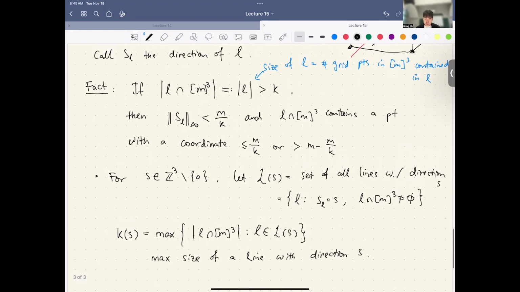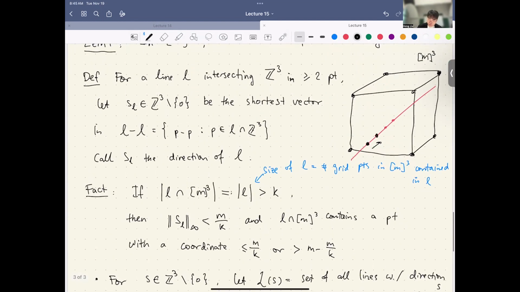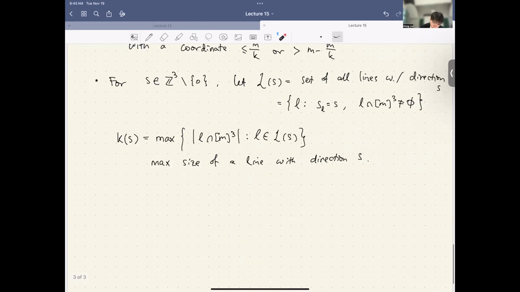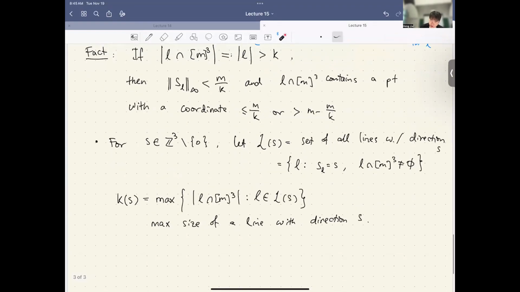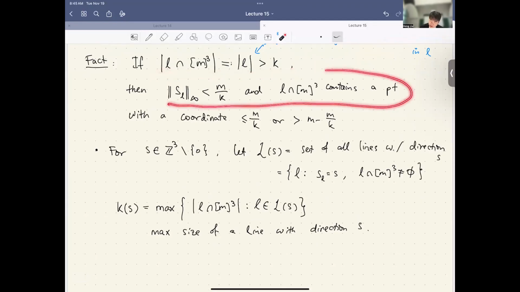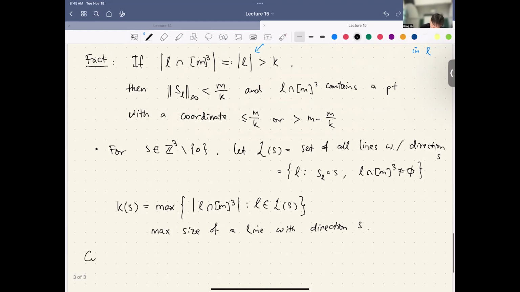With this preparation, we can first try to prove this. So first of all, let's observe a corollary of this fact that we have above. If a line is heavy, intersecting the grid with at least k points, then it contains a point that's very close to the boundary. There's a corollary. 1.